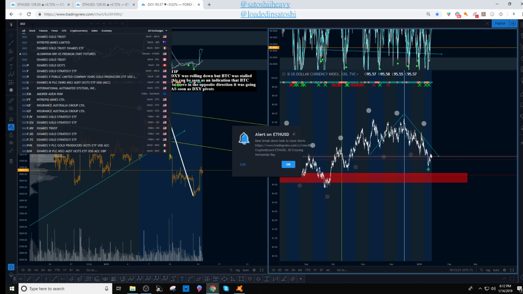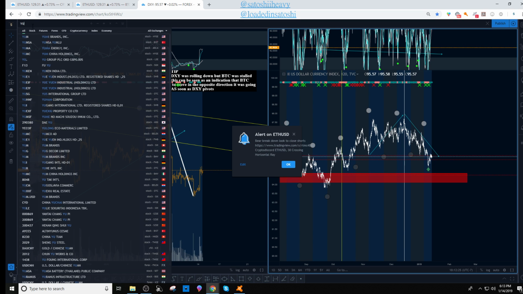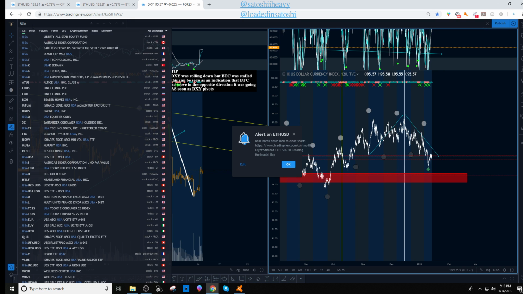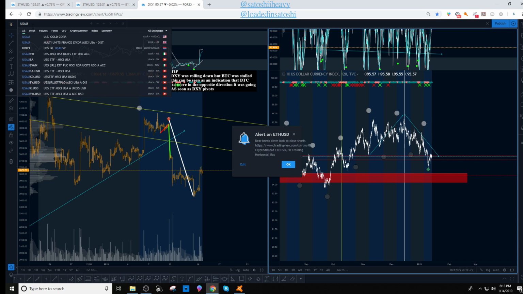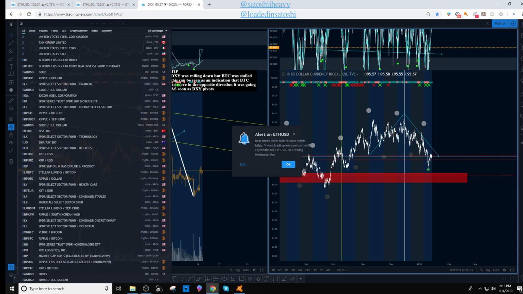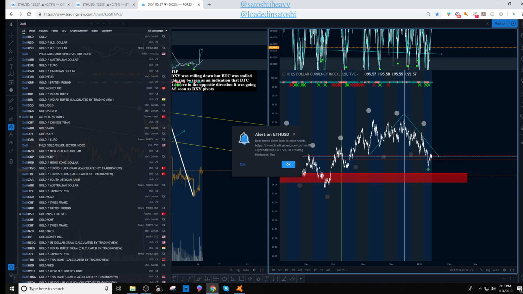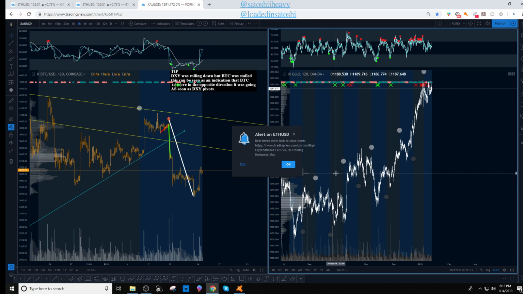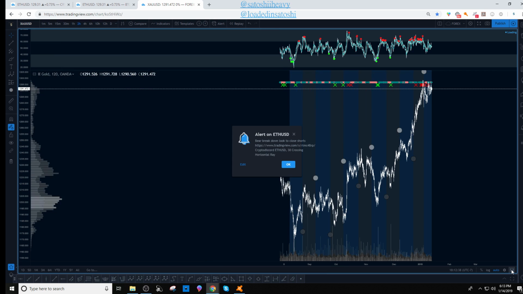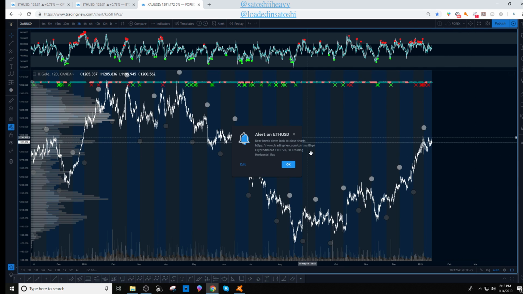How about, there we go. XAU. That looks pretty pennant-y right there.